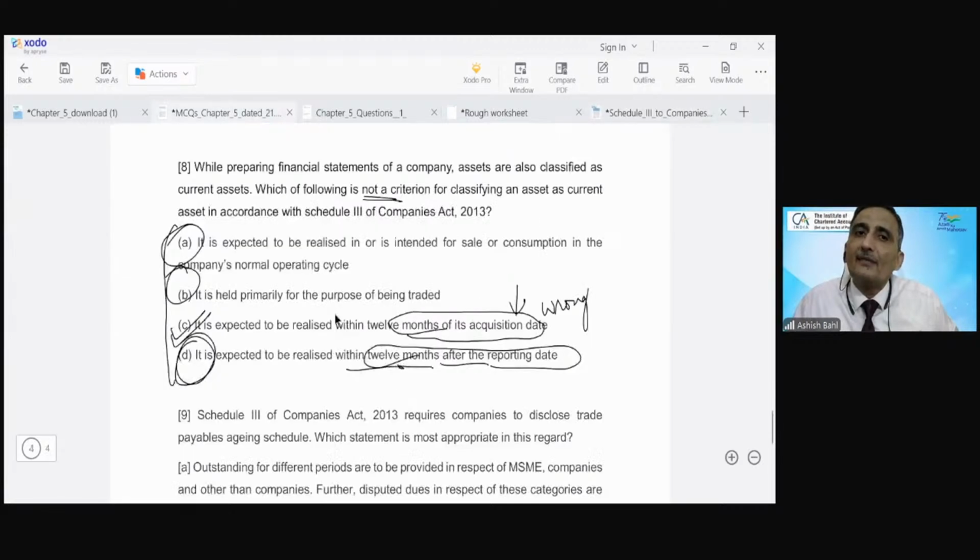So guys, these are the minute finer points which you have to always keep in mind, where the paper setter would try to hit you, where the paper setter would try to confuse you.